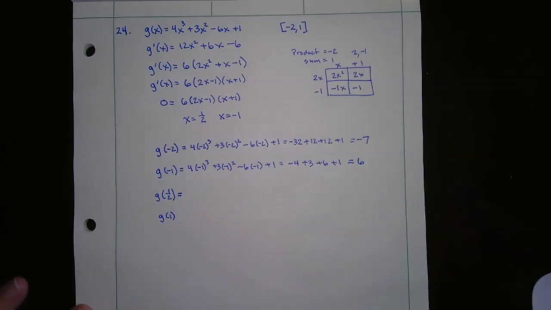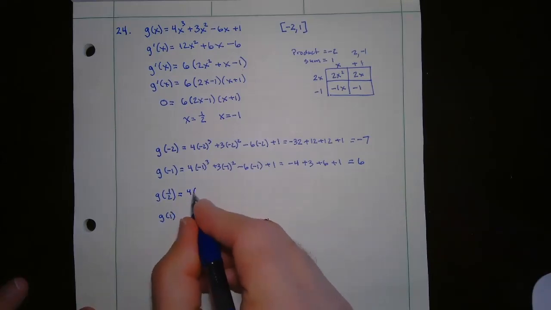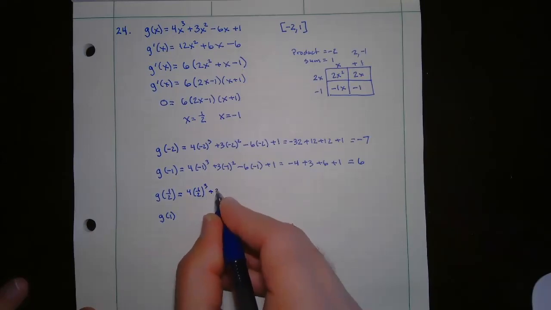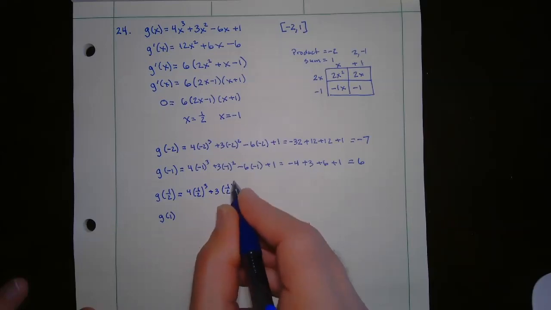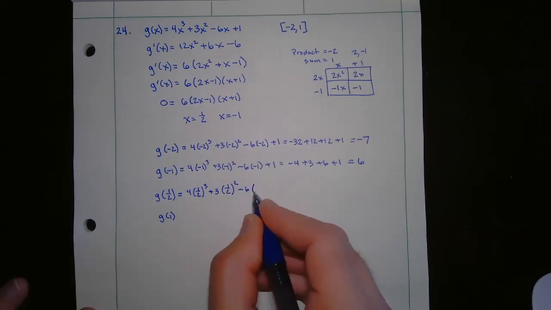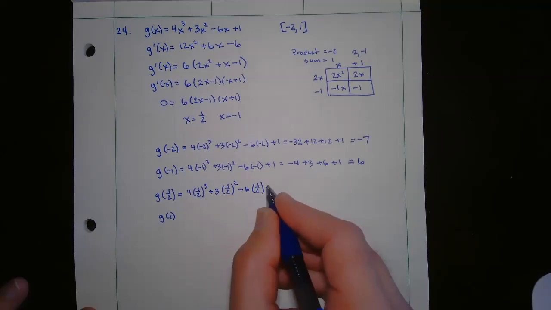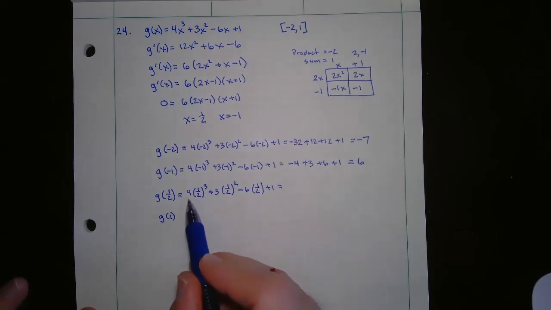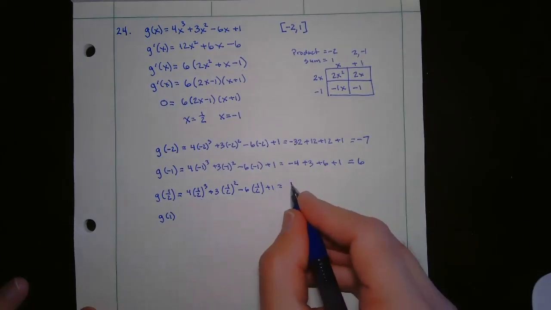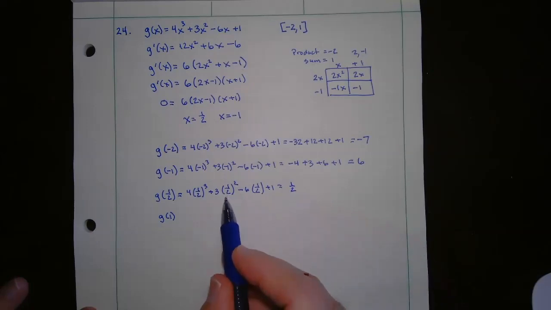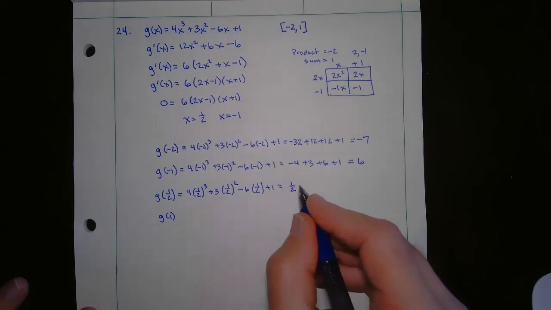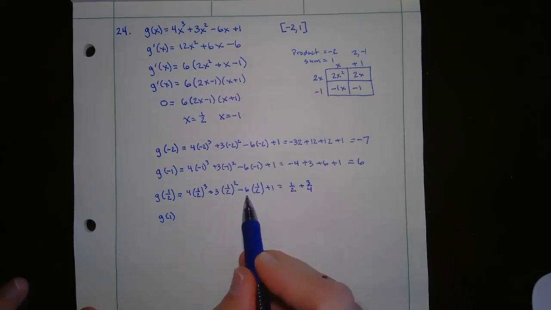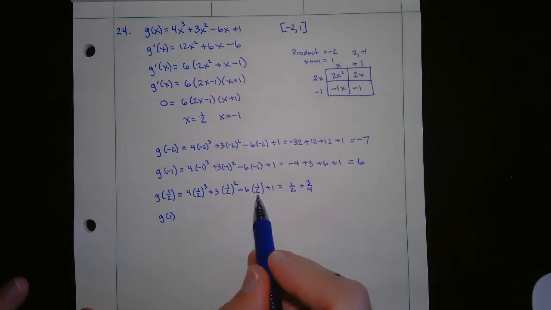And then g of 1/2. Okay, so that'd be 4 times 1/2 cubed plus 3 times 1/2 squared minus 6 times 1/2 and then plus 1. So 1/2 cubed is 1/8 times 4, so that'd be 4/8, which is 1/2. And 1/2 squared would be 1/4, so this would be plus 3/4. And this would be minus 6/2, which would be -3.